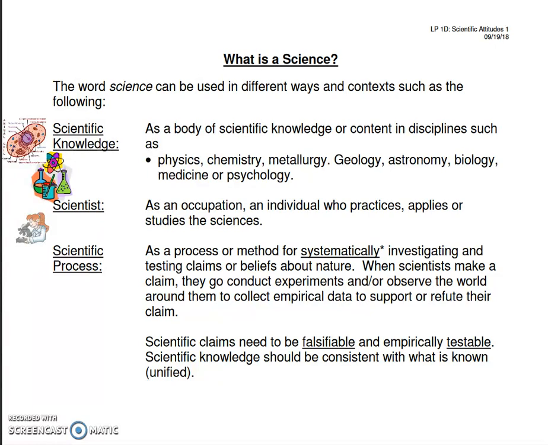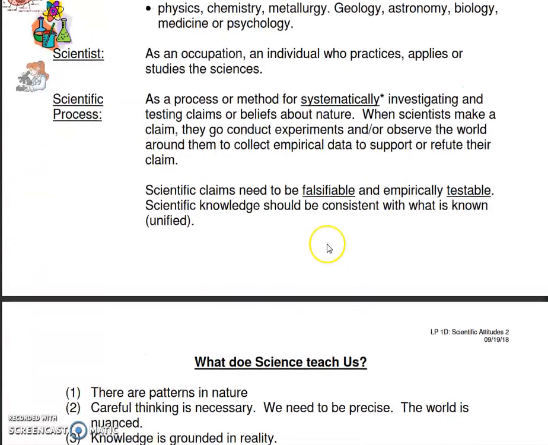So when scientists make a claim about the world around them, they conduct experiments where they test the claim, see what the world is like, and observe the world around them to collect empirical data to support or refute their claim. So the data will show that their claim is probably true or probably false. Or more often than not, we're not sure. So this chapter focuses on scientific processes.